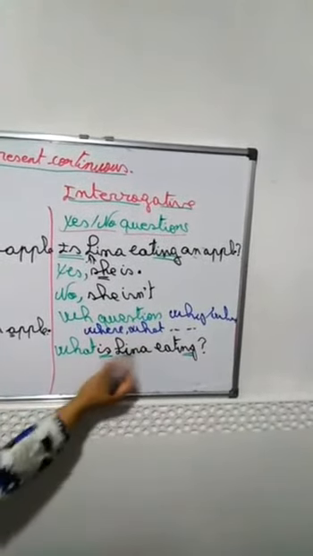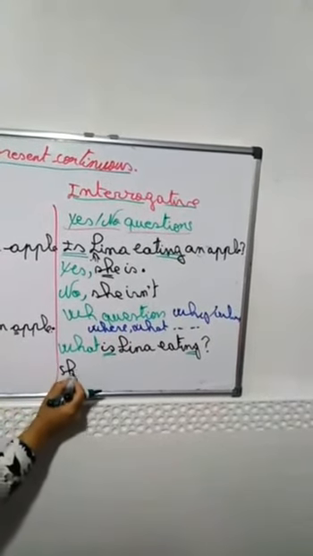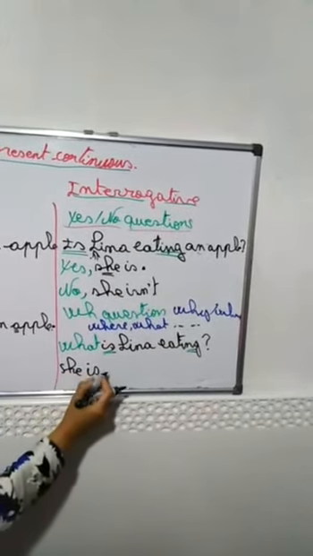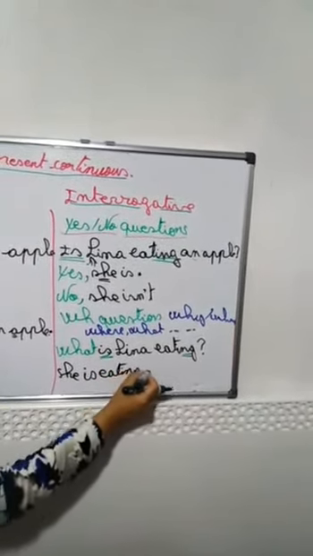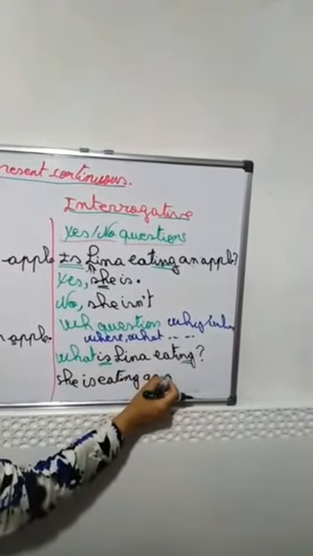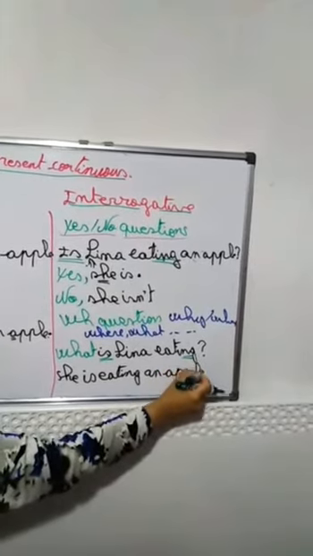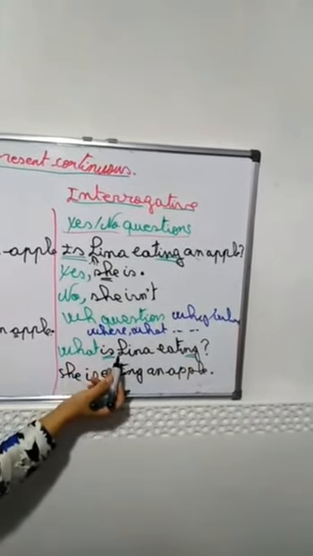What is Lina eating? The answer very simply: she is, or Lina is eating what? I'm asking about what? An apple. Is it clear? Here when I use what, I ask about the object, that is apple.